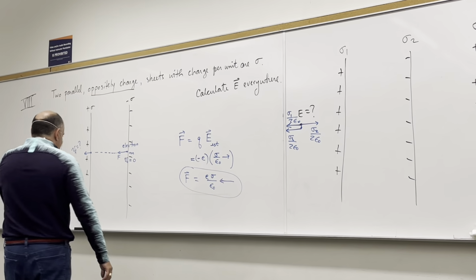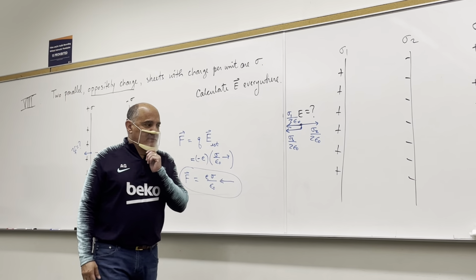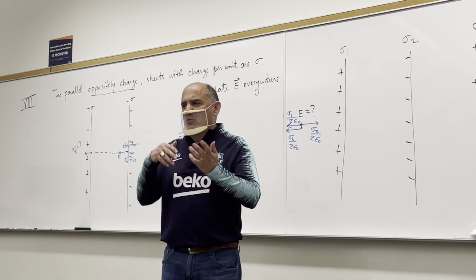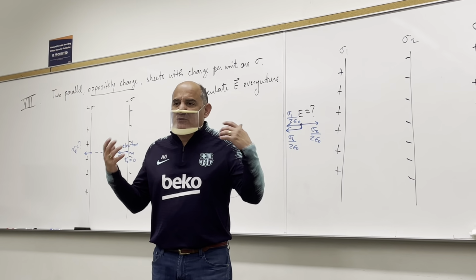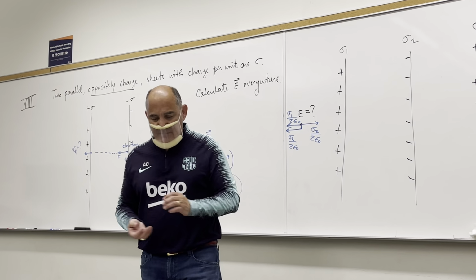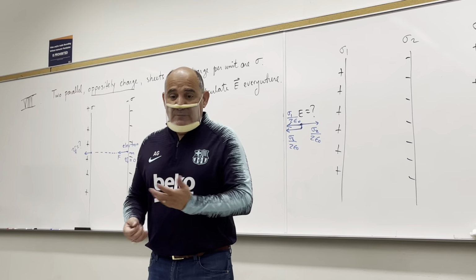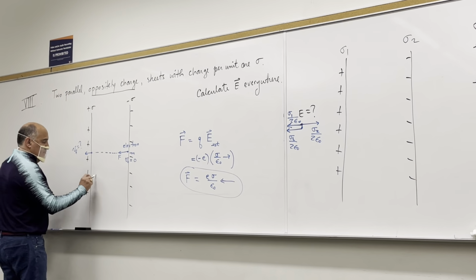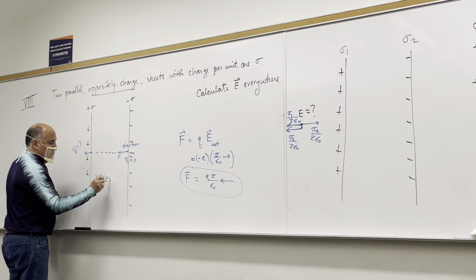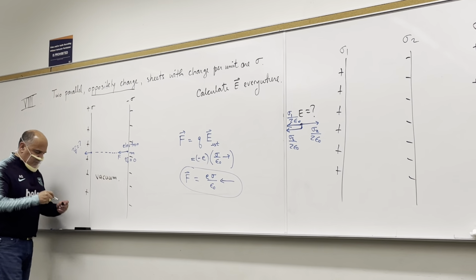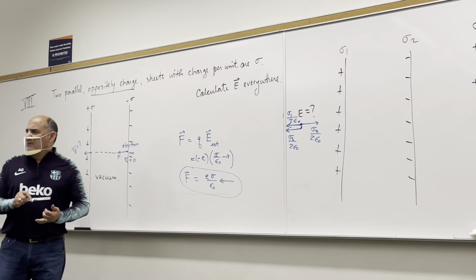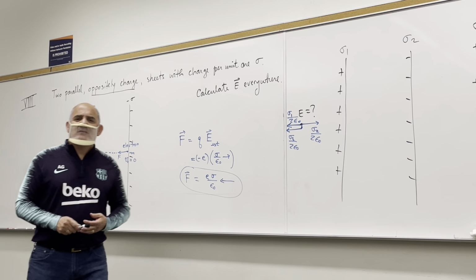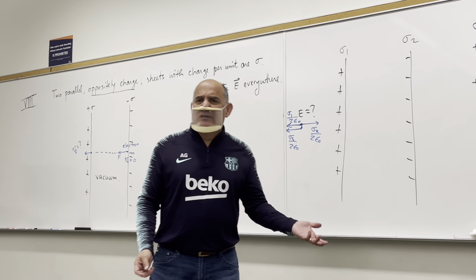We're going to use essentially the work energy theorem, which in the end will just be conservation of energy of a charged particle moving in vacuum. So here we have vacuum. Kind of nice because then you don't have to worry about friction, normal forces, a string.